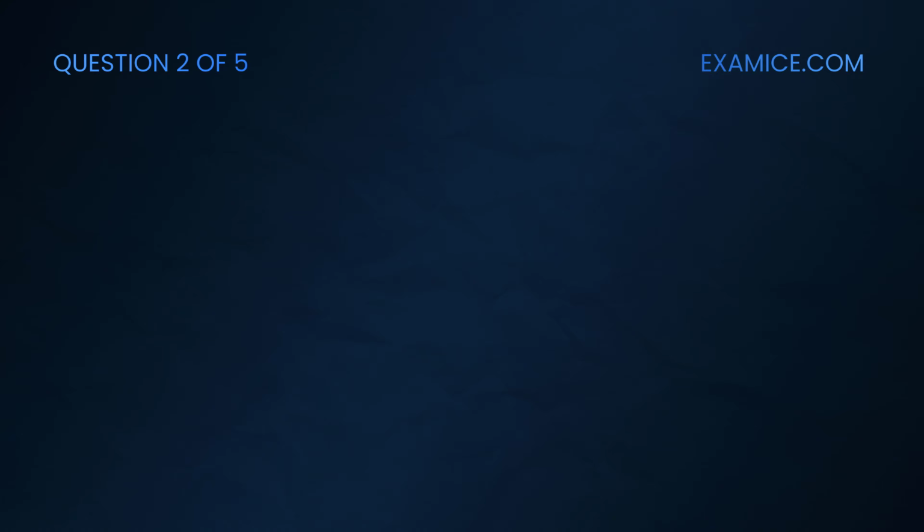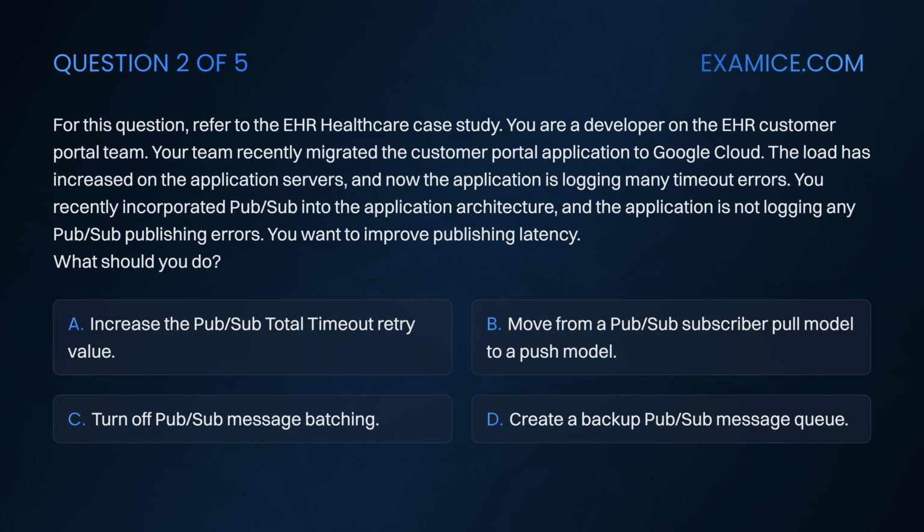Question 2. For this question, refer to the EHR healthcare case study. You are a developer on the EHR customer portal team. Your team recently migrated the customer portal application to Google Cloud. The load has increased on the application servers, and now the application is logging many timeout errors. You recently incorporated Pub/Sub into the application architecture, and the application is not logging any Pub/Sub publishing errors.